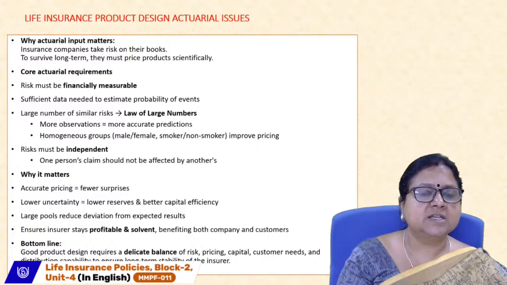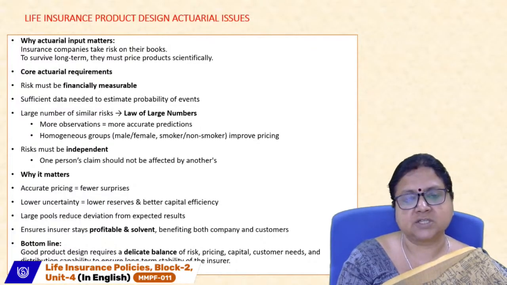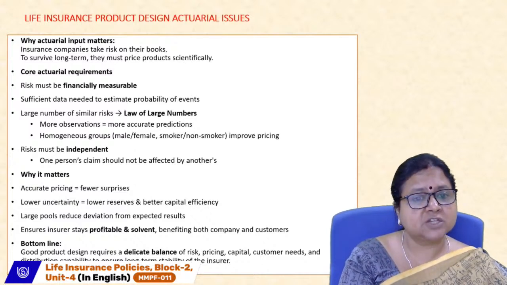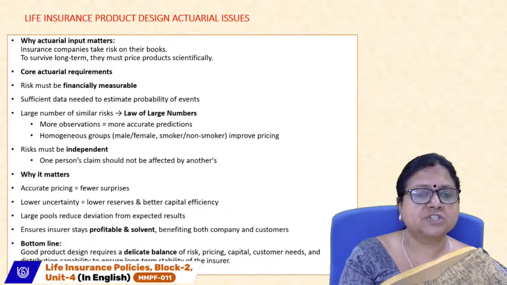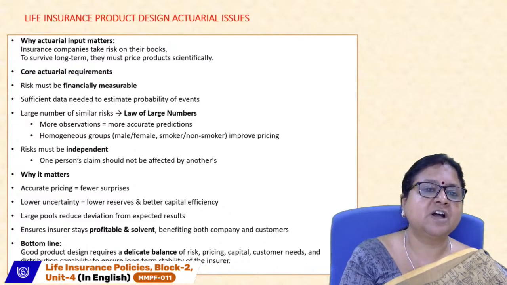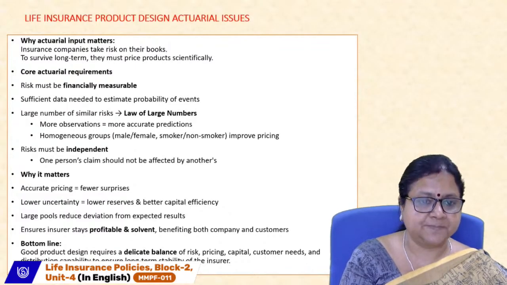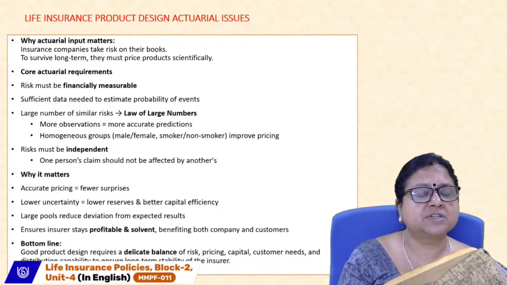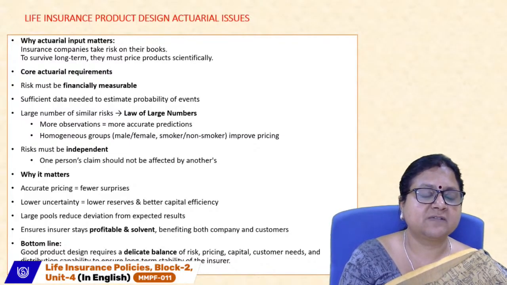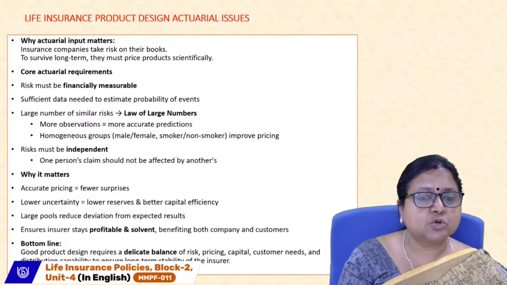Sufficient data is needed to estimate the probability of the event occurring. A person who does not have any sort of medical issues will have less chance of a heart attack or dying early. But of course, a person who already has a disease might have a greater chance of having a heart attack early.